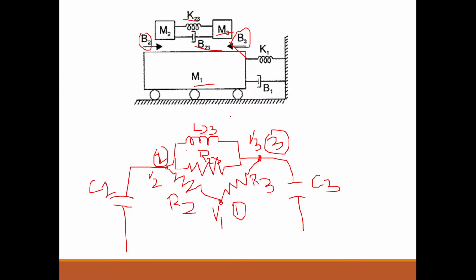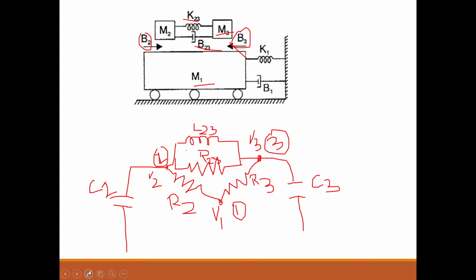So what is connected to M1? There are three elements: M1, K1 and B1. So at M1, capacitor C1, K1 means 1 by L1, and B1 means 1 by R1.